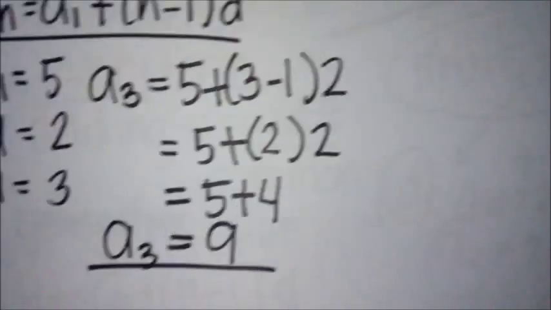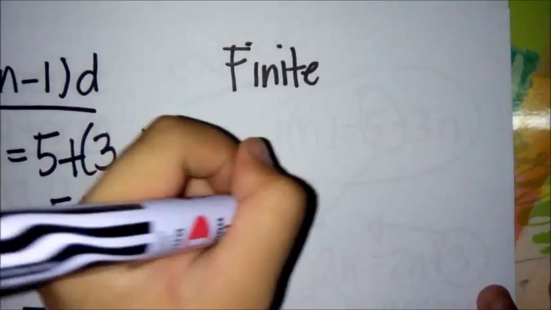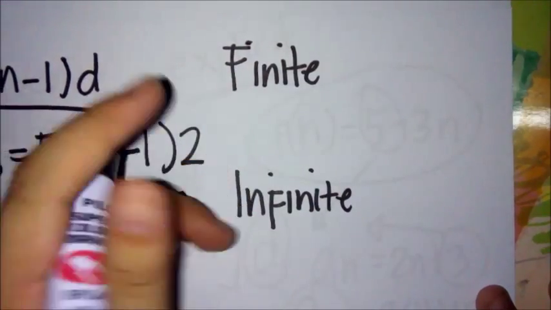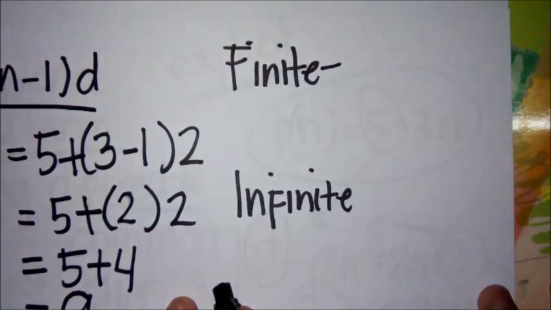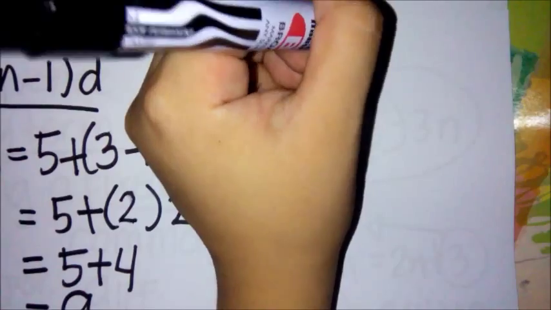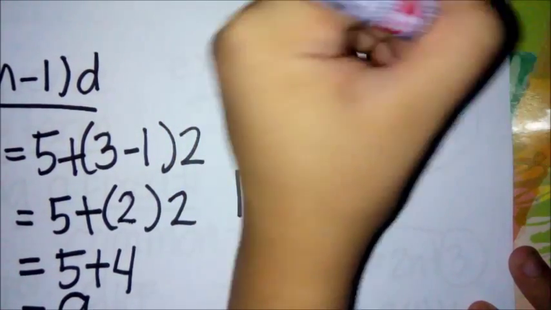By the way, there are two kinds of arithmetic sequence. The first one is the finite, and the infinite. The only difference between the two is the finite has a discrete meaning.